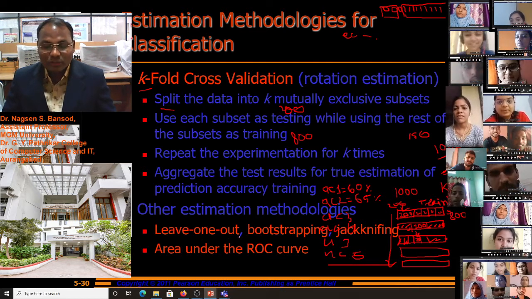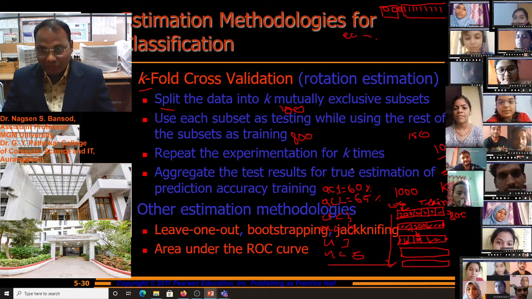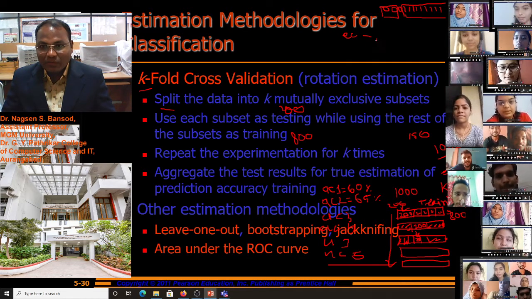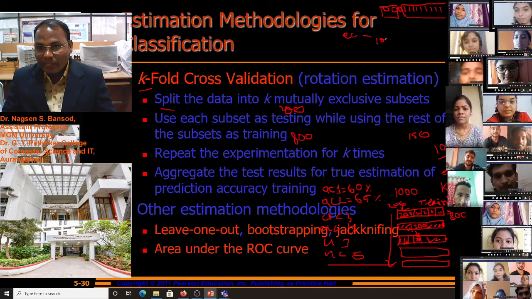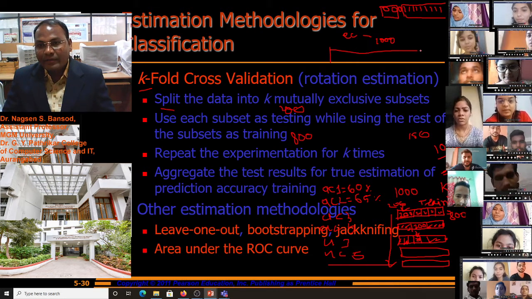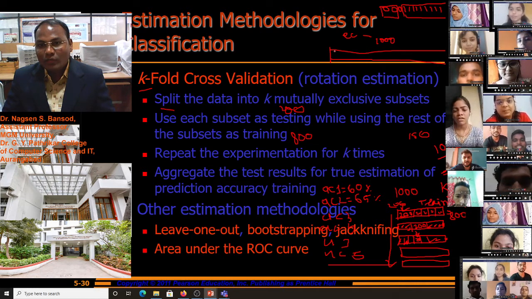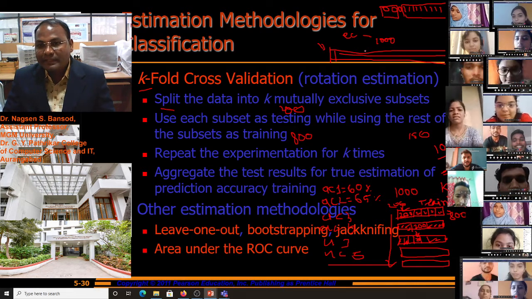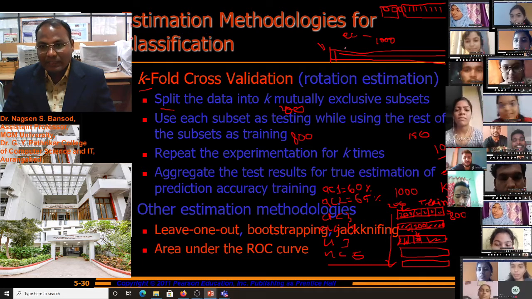Leave one out. In this experimentation, suppose we have hundreds of records and want to classify. Then from 100 we will take only one for testing, and the remaining will be the training.